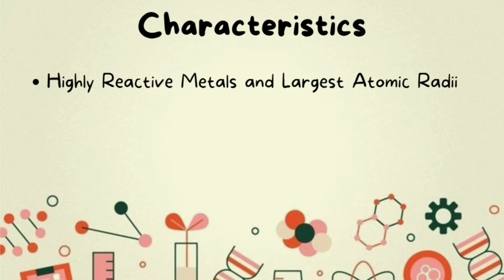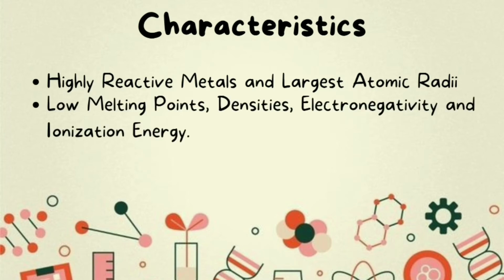Alkali metals are highly reactive metals and have the largest atomic radii, or atomic size. If we follow how the periodic trends work, the element that has the largest atomic radius is francium.